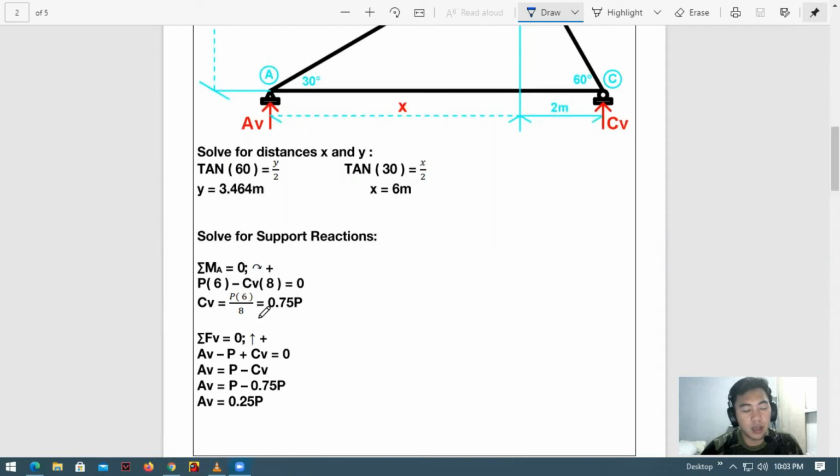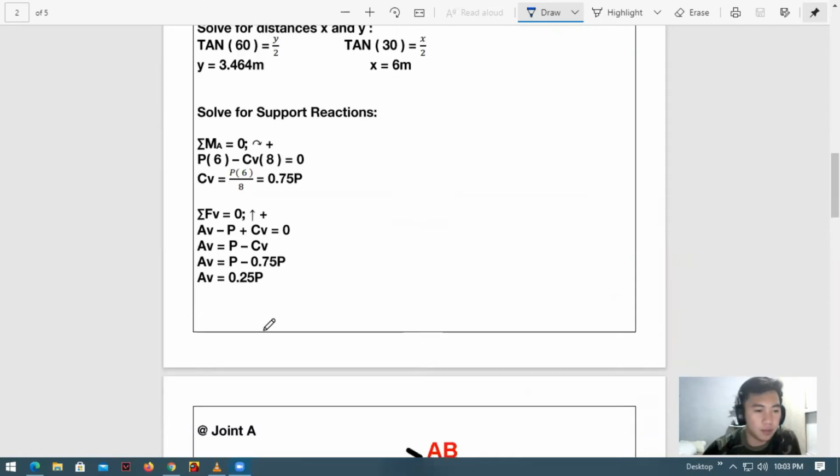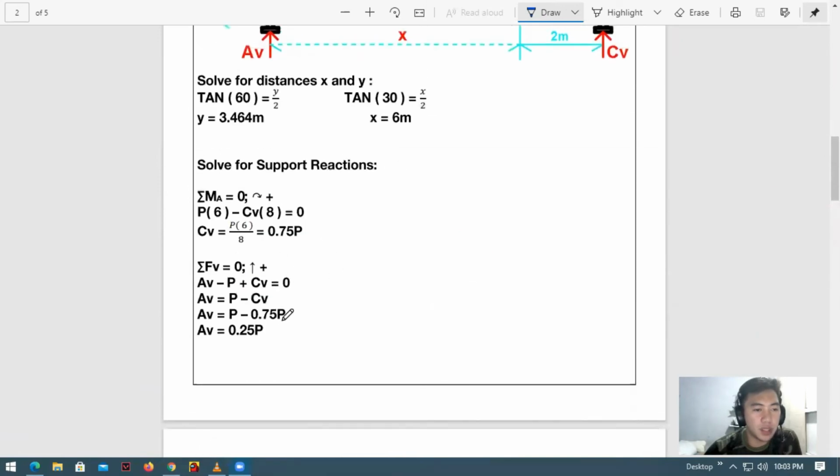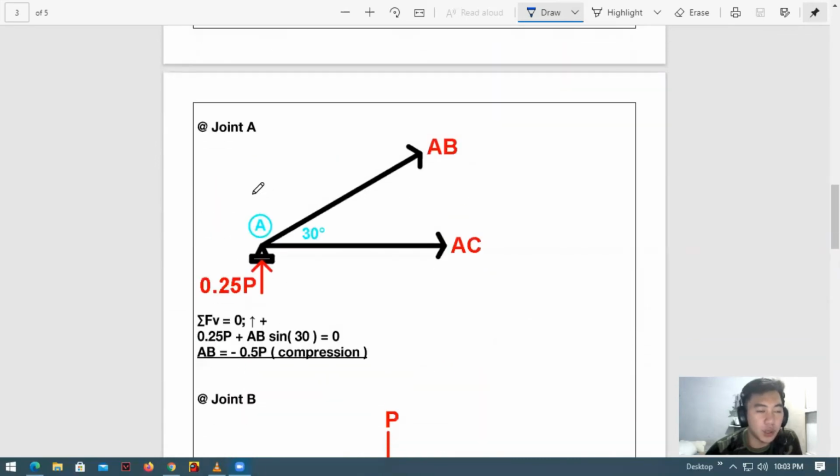Assuming upward is positive, AV minus P plus CV is equal to 0. This gives AV equal to 0.25 P. If you notice, all the bar forces will be in terms of P. That's just normal.